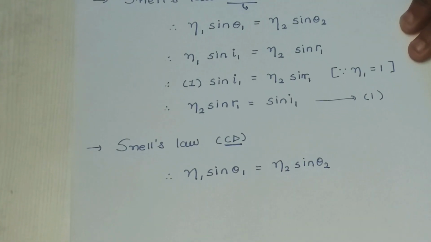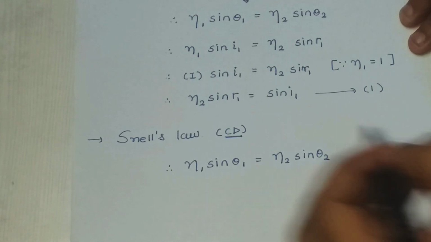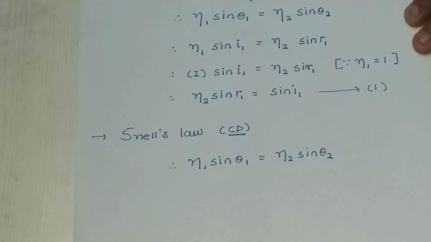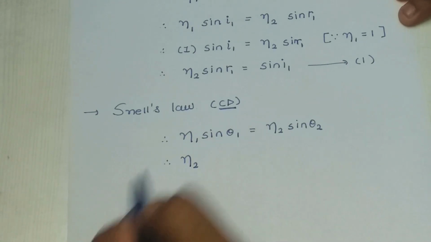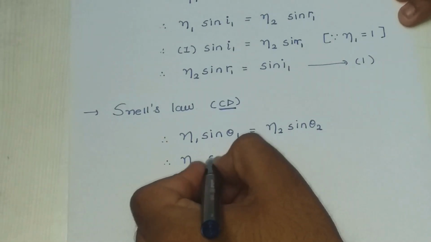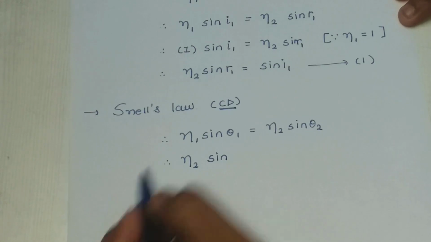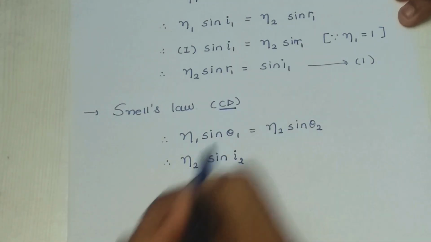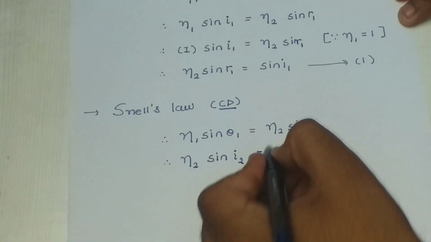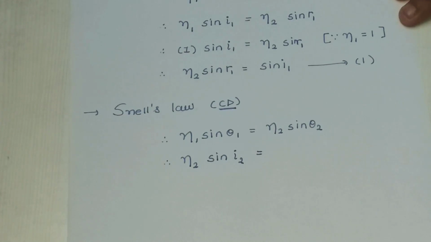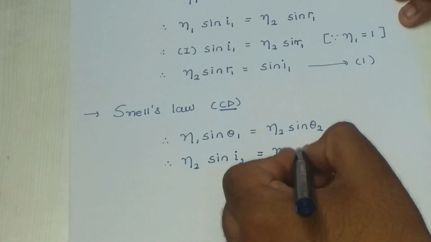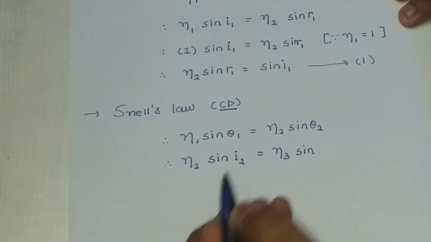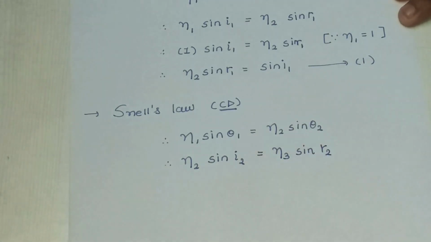But for CD, our first medium is glass, so the glass medium is denoted as eta 2. Theta 1 is equal to I2. Now what about the second medium? It is the air medium, which means eta 3. Theta 2 is known as R2.